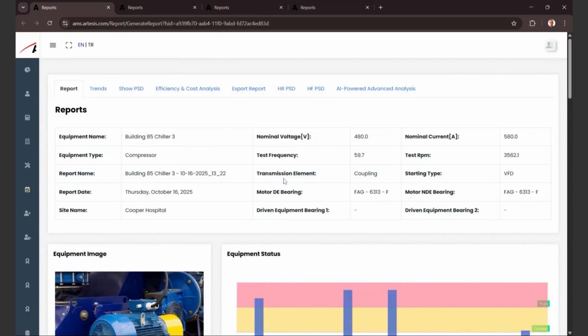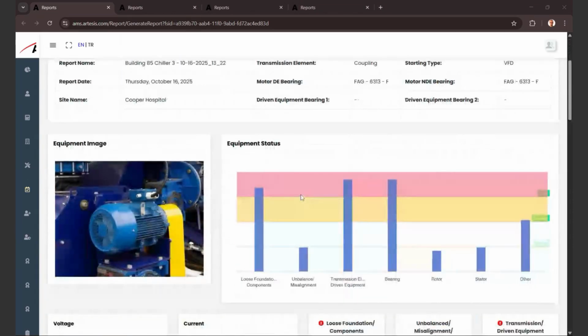But before that, for those of you who don't know what this report gives you, it combines all the factors that I was talking about, all the layers, right? Foundation, looseness, transmission, all the mechanical fault detection done by the machine learning and digital twin layers.